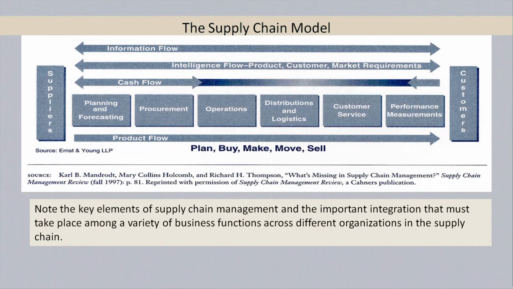So, in the supply chain model we are looking at all the activities related to planning, buying, making, moving, selling, everything. Even the act of final delivery and acceptance etc. are also part of the supply chain in case of B2B.